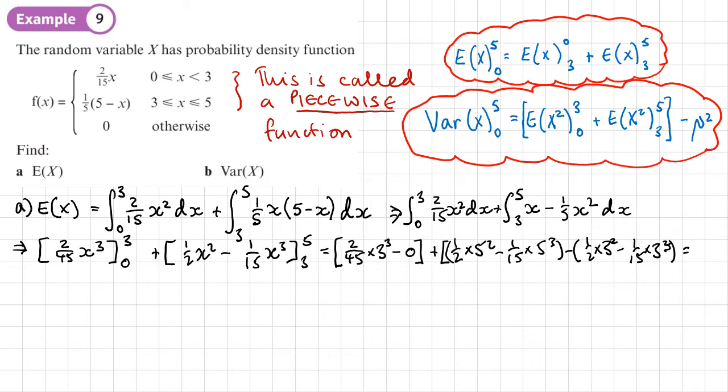Okay, so let's use our calculator to work out what that gives us. So we get nicely 8 over 3 there. So there's our mean E of x.